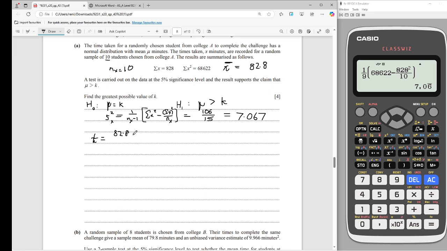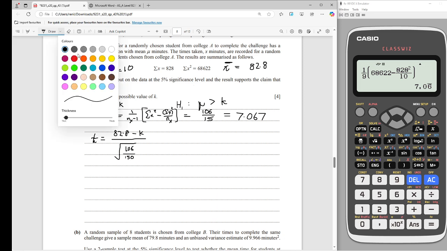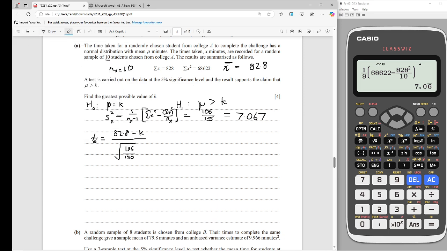Mu equals k, so sample mean of x minus k, whole divided by our unbiased estimator S², which is 106 over 15, divided by 10, so that means it's 106 over 50. And this value right here, this is our T value, so let's just erase this, it won't be necessary, right?